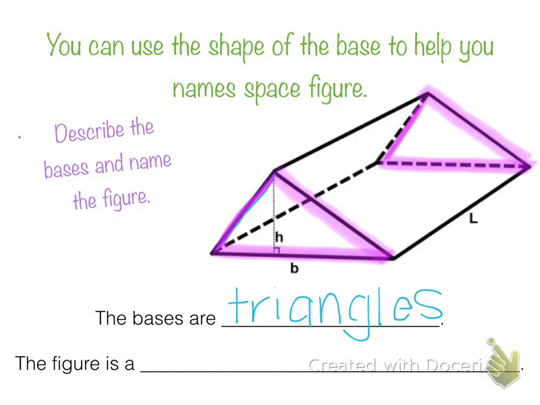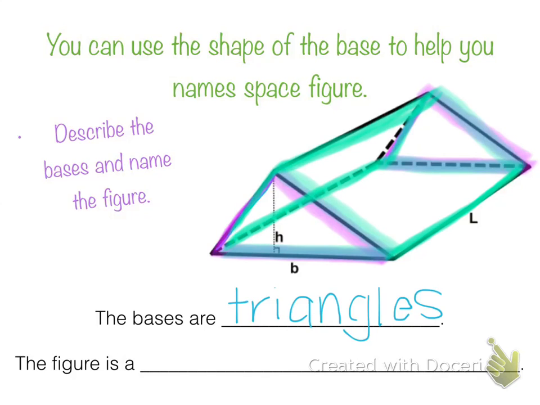And then because it has the shape of rectangles for our sides, we're going to call it a rectangular prism. Prisms have those rectangular sides. And I'm sorry, it's not a rectangular prism. It's a triangular prism. So there's our sides, and the figure is called a triangular prism.